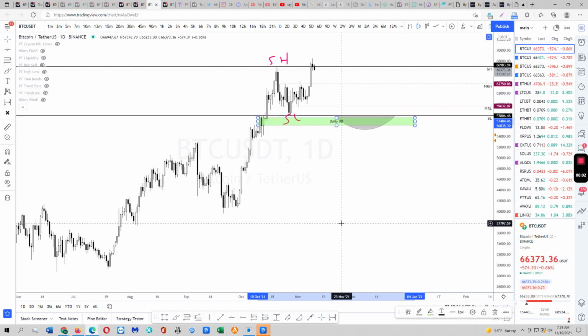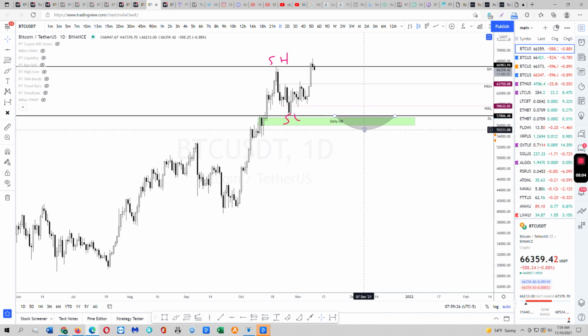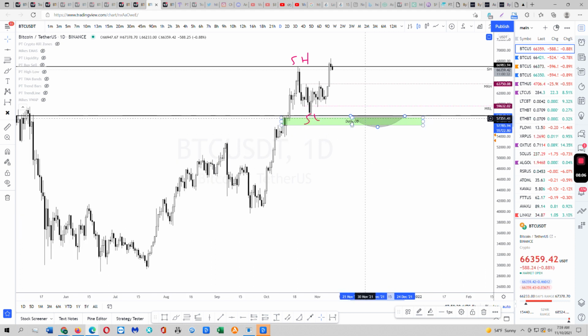Daily OB. Okay. So maybe they won't make it easy for us. This is the most ideal situation where they create a deviation under the swing point, the swing low, into the order block. It's a no-brainer long. At that point, when you see this get reclaimed, go buy your favorite altcoins, because by the time this thing moves to the midpoint, gets rejected, and creates the higher low, altcoins are going to run.